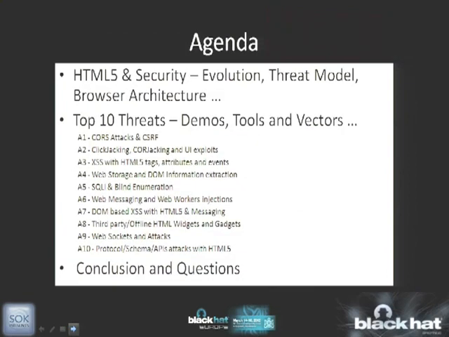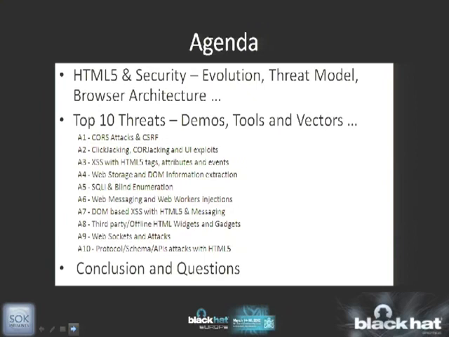Okay, so the agenda for today: we'll start briefly on HTML5 and security. We'll look at evolution, threat model, and browser architecture to fit HTML5 into the current context. And then there are 10 threats which I've identified. Depending on your perception, you can put them in whichever order.